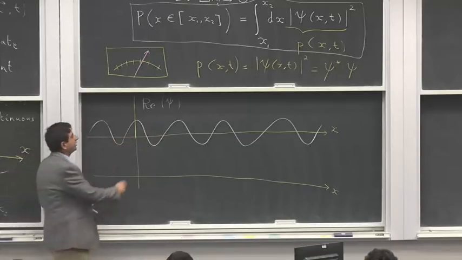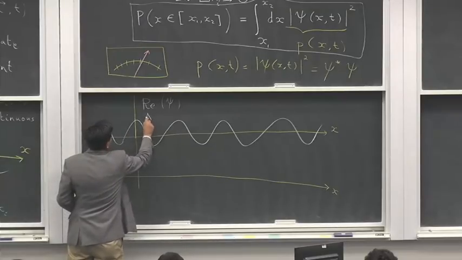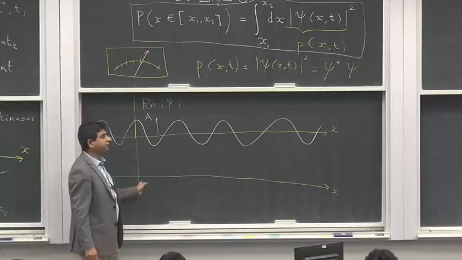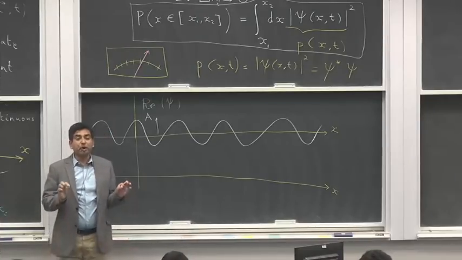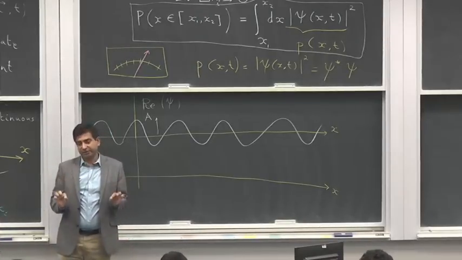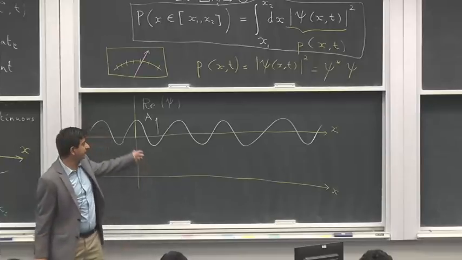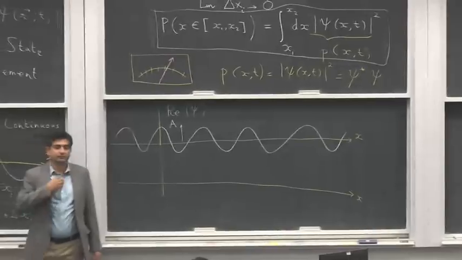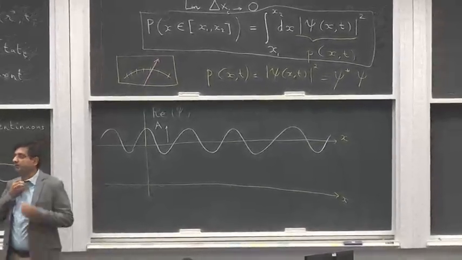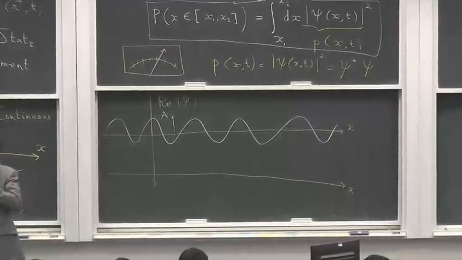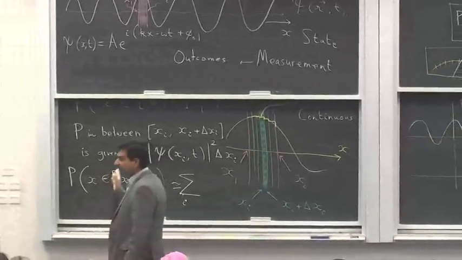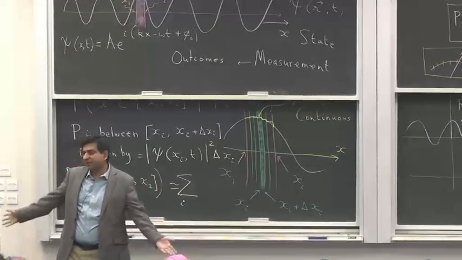Given this real part, the magnitude or the amplitude is A. Could you please draw on your notebooks what the probability density function will look like, given this wave function, this one. Doesn't matter. For this particular wave function, it's valid for all times. But just take any point in time.